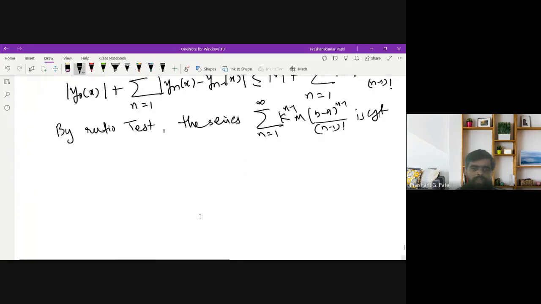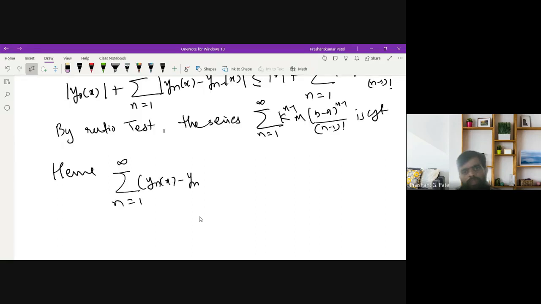So by the comparison test, the series, n running from 1 to infinity of yn(x) minus yn minus 1(x), plus y0, is uniformly convergent.